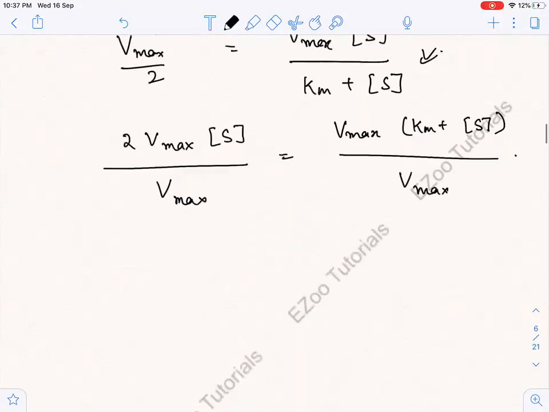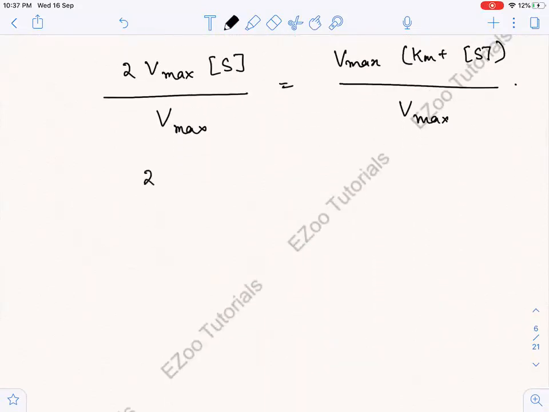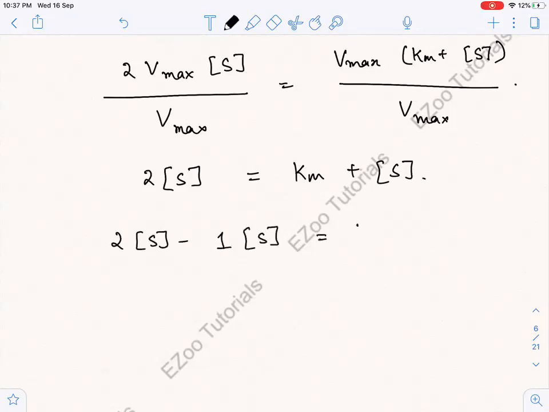I assume that since you are doing NEET preparation, you understand what I am doing. It's not very difficult mathematics. So 2S minus 1S is equal to Km. It means that substrate concentration is equal to Km when V is Vmax upon 2.